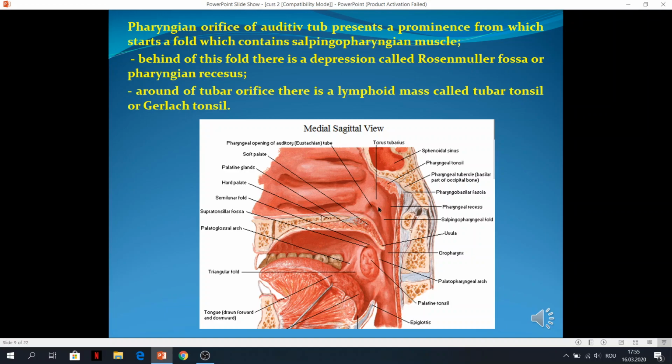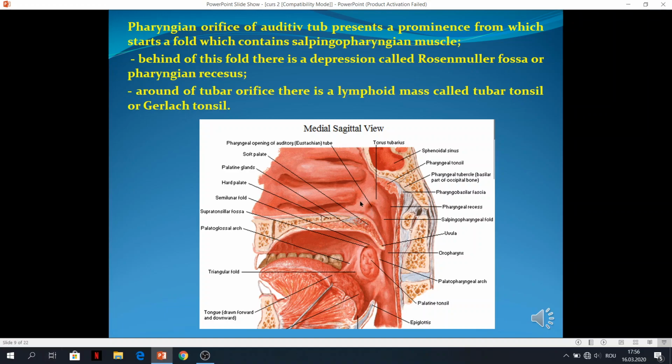So this is a prominence, this is a depression. The name of the depression is pharyngeal recessus. Attention, please don't confuse recessus with raphe. You will see very soon the pharynx has a raphe.